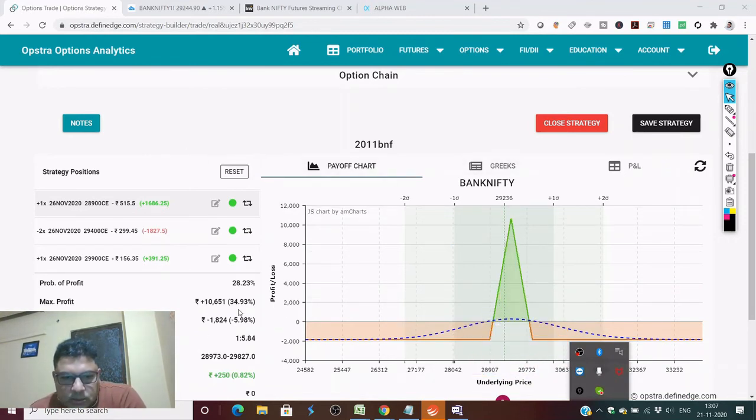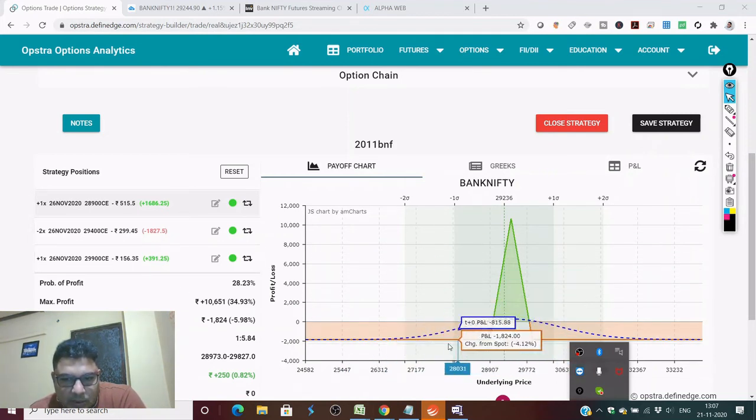But my suggestion for you, always do not play around too much with this setup, because here your max loss is limited and max profit is decent. The moment you start adjusting and fiddling around with these legs, your max loss will change, and if something goes wrong, then this initial max loss will not be accurate for you. The loss can be higher than your profit, so you have to be very careful.